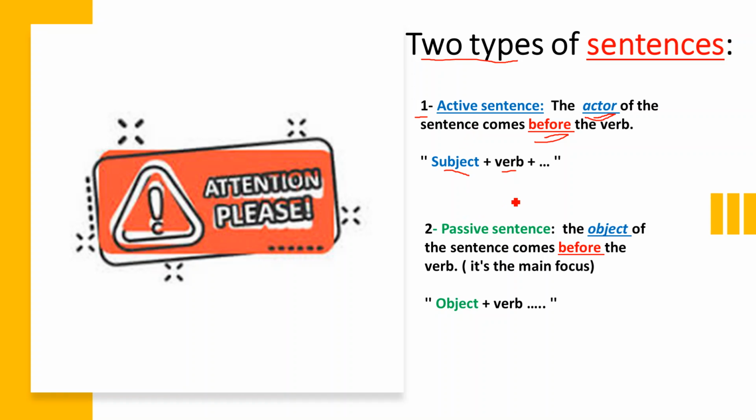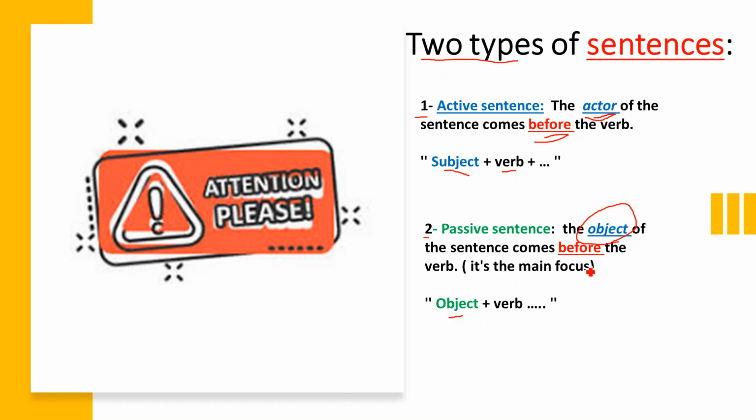Now the second type is the passive sentence, وهي الجملة المبنية للمجهول. In this one we have the object that comes before the verb. المفعول به في هذه الجملة هو الذي يأتي في بدايتها. So instead of starting with the subject، بدل ما أبدأ بالفاعل، أبدأ بالمفعول به ثم الفعل وهكذا.